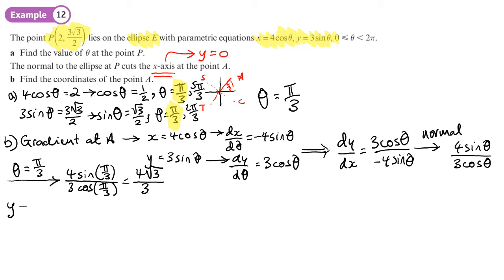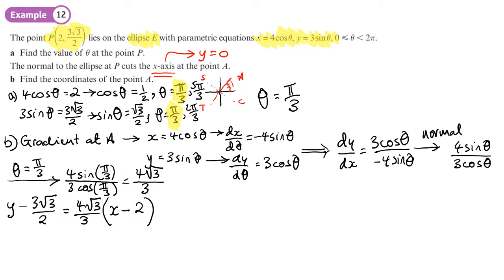So y minus y1, so that's 3 root 3 over 2, equals m, which is 4 root 3 over 3, times x minus x1, which is 2. So basically this is the equation of my normal. I don't need to rearrange it into any other form.